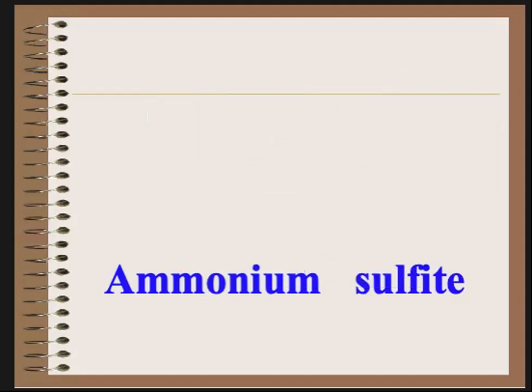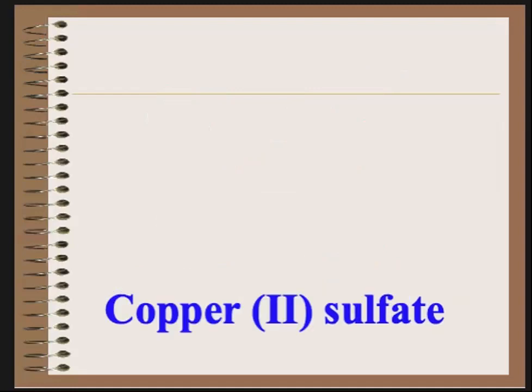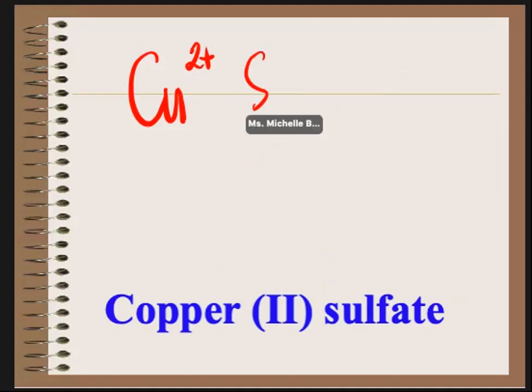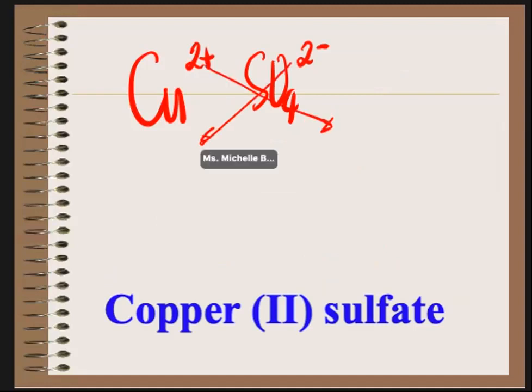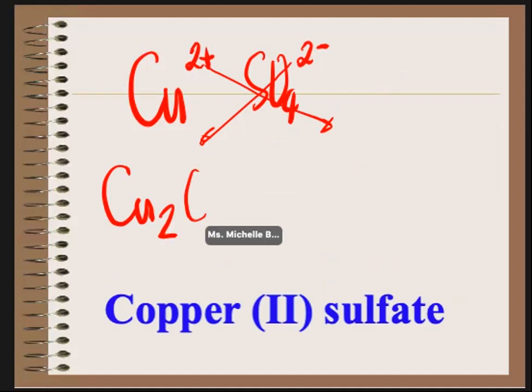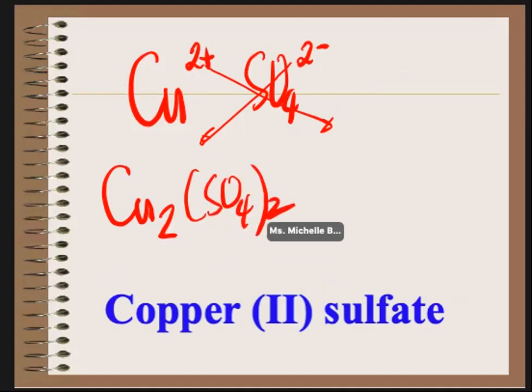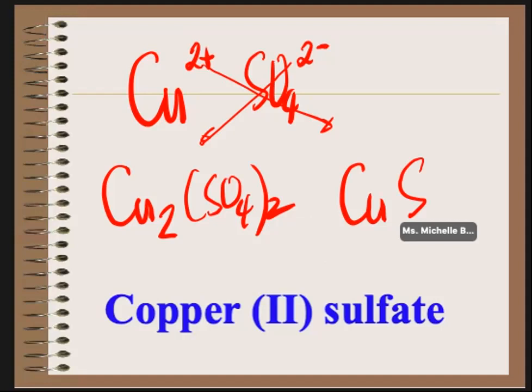Now what if we have the transition metal, copper 2 sulfate, Cu positive 2, sulfate SO4 negative 2. So we crisscross Cu2 SO4 2. We simplify it into empirical formula. So we have CuSO4. That is copper 2 sulfate.